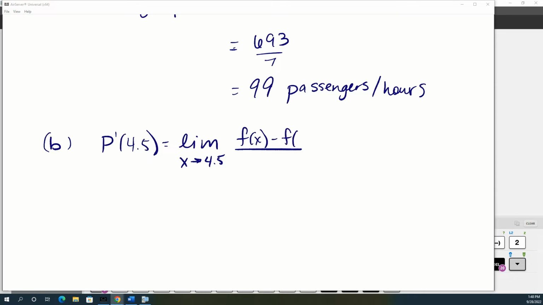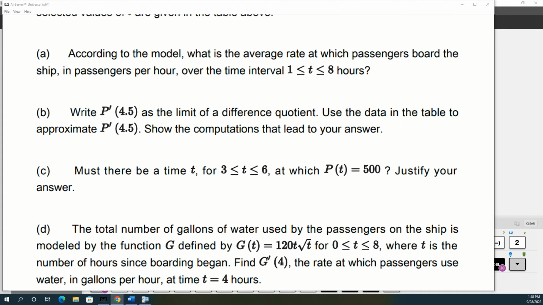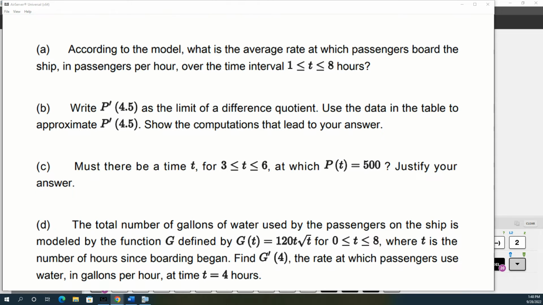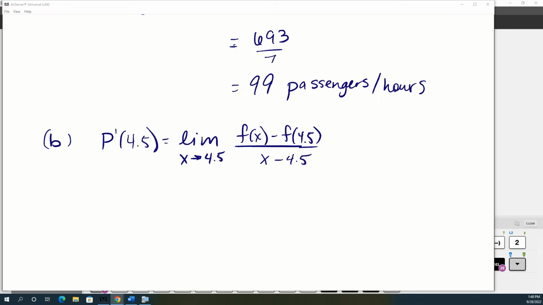This one has just got a little less to write. So that's the answer to the first part. And it's important that you tell them what you're telling them. So it asks us to use a different limit difference quotient to write P prime of 4.5. So tell them that that's what that is.